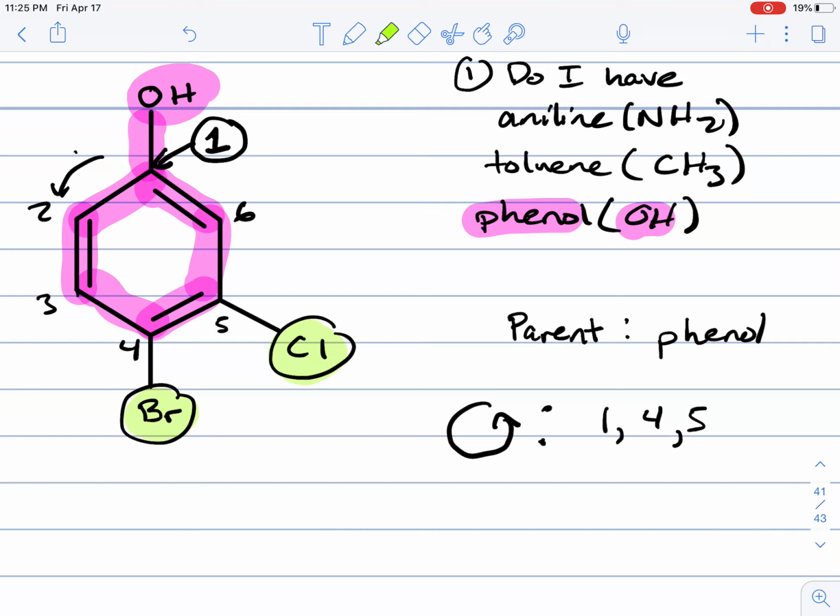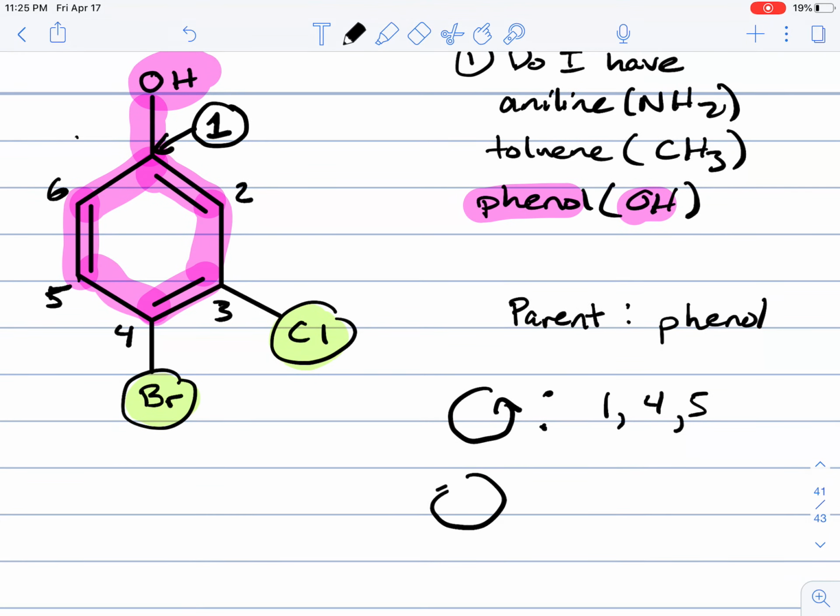So now that I have my numbering system if I go counterclockwise, I'm going to go ahead and redo it again if I were to go clockwise. So 1, 2, 3, 4, 5, 6. Okay. And so it looks like if I go clockwise, I have a substituent on carbon 1, I have another substituent on carbon 3, and I have another substituent on carbon 4.